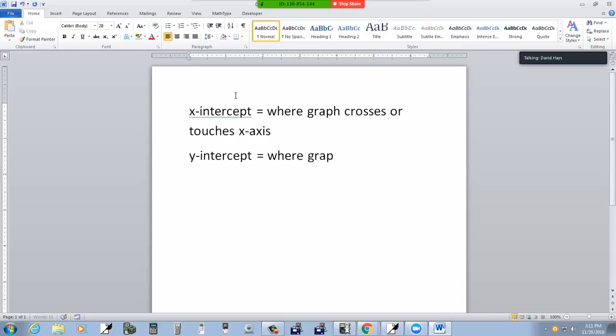And y-intercept is where the graph crosses or touches the y-axis. So you just visually look at it and you can see what the intercepts are.